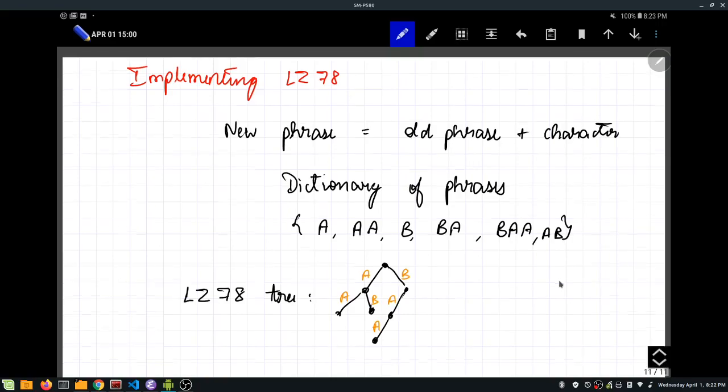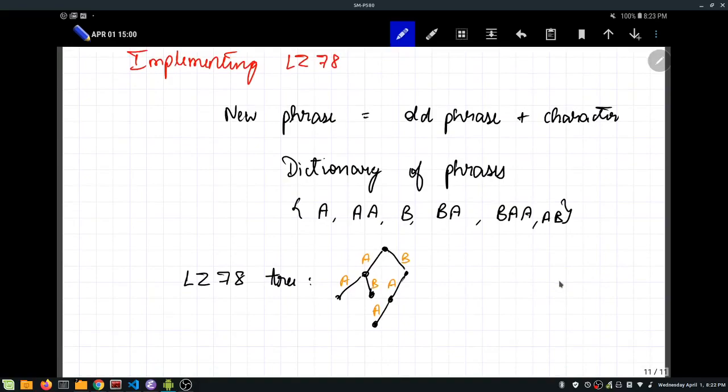So let's see that. Now in LZ78, recall how we generate the next phrase.